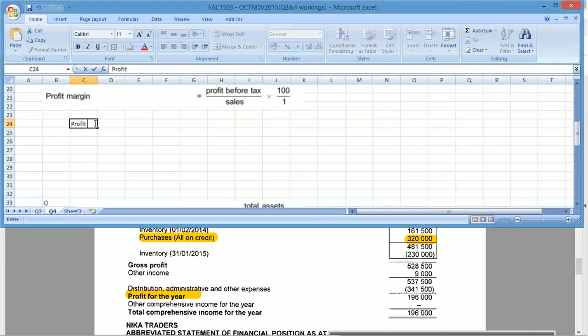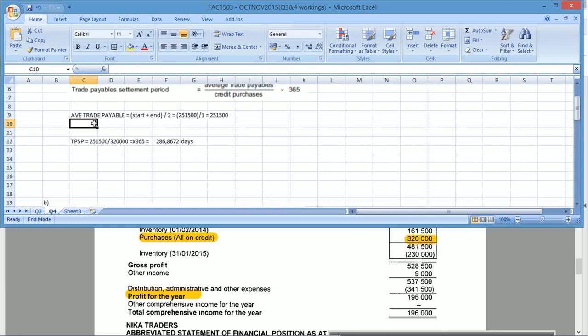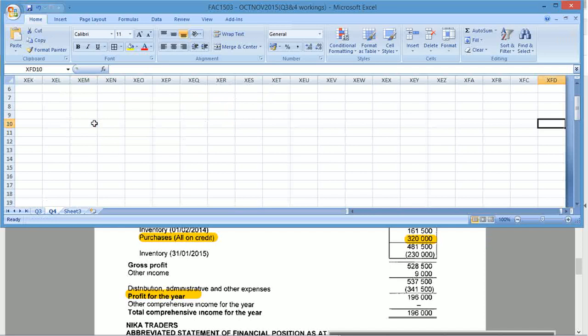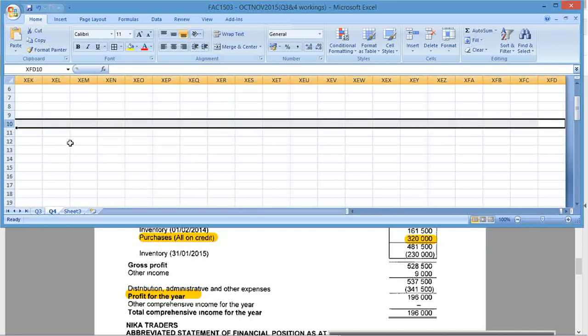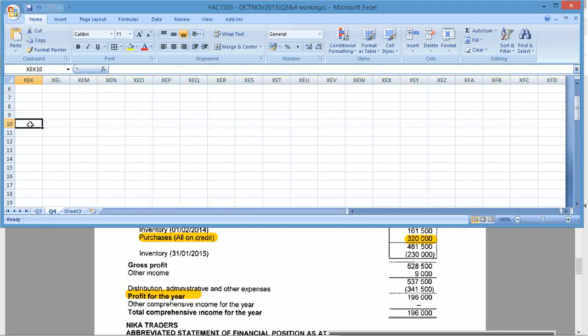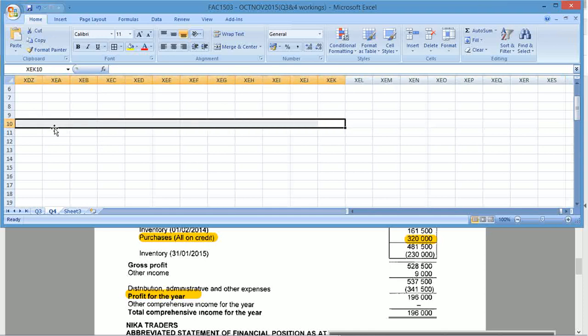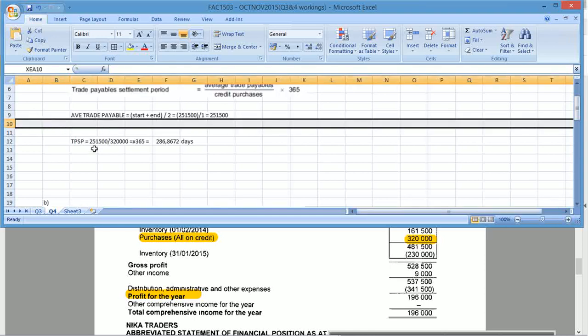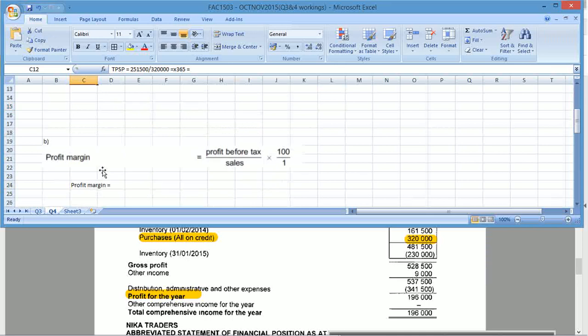Okay, so profit margin equals 300, no, not 300, I'm reading the wrong line, 196. Where's it?